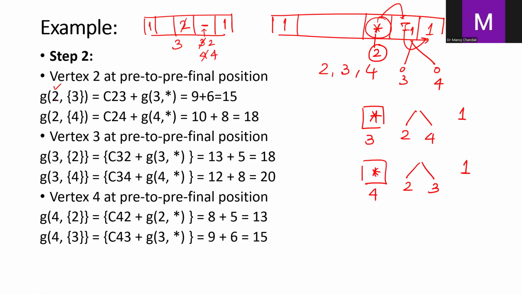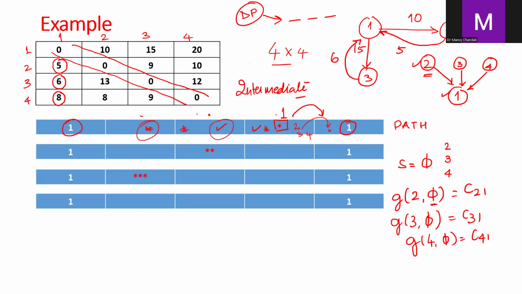So if I am starting from 2 using 3, I am traveling to 1, the formula will be traveling from 2 to 3 and 3 to 1. So 3 to 1 is already solved. And if you look at the matrix, 2 to 3 is 9, okay, and 3 to 1 is 6.